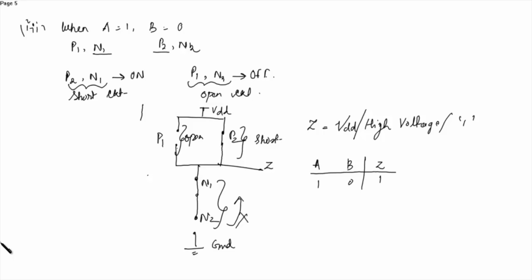Now the last condition, when both the inputs are 1, when A is equal to 1 and B is equal to 1. Again here it is P1, N1, and P2 and N2 for B. So when both are 1, both P1 and P2 will be off, N1 and N2 will be on.